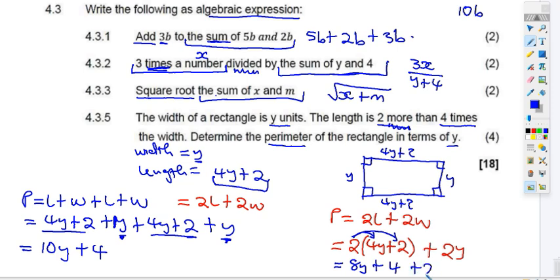And this is plus 2y. And then like terms, 8y plus 2y, that is equal to 10y, and then we are left with a 4 there, so plus 4. That is our perimeter. So we could have done it this way, we could have done it this way.